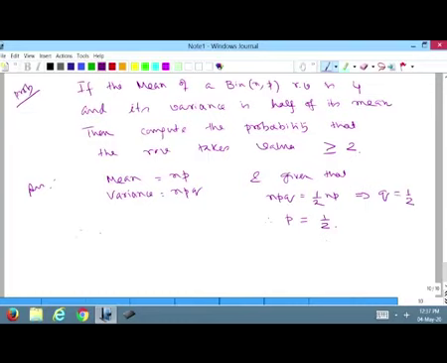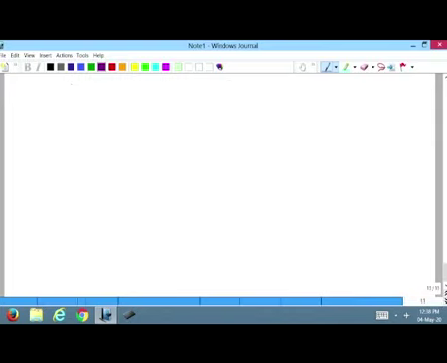Therefore, mean is equal to 4 implies n into half is equal to 4 implies n is equal to 8. Therefore, we can get the complete distribution that it is binomial(8, half). We need to compute the probability that this random variable is greater than or equal to 2.